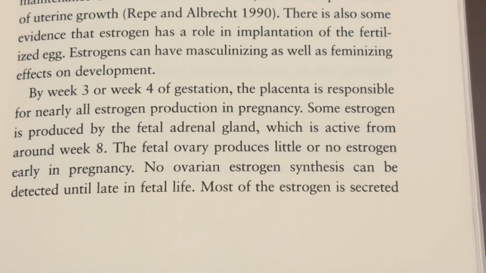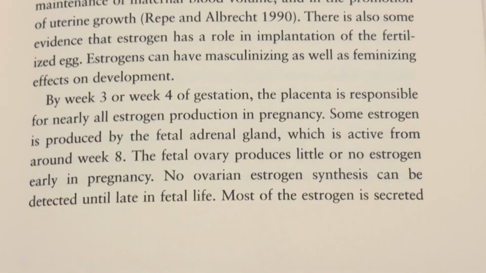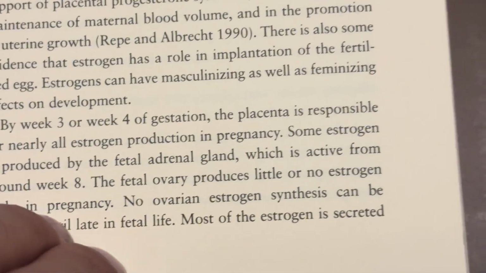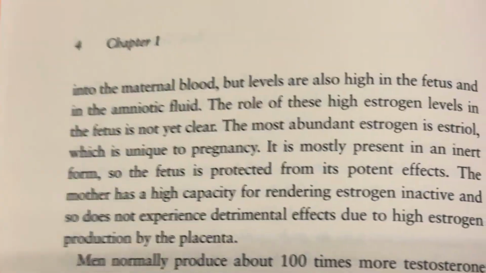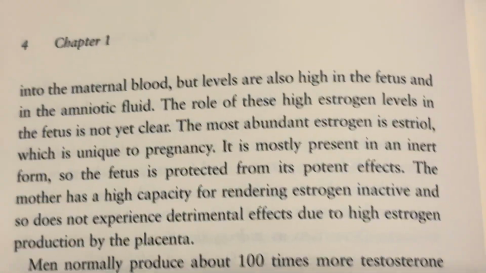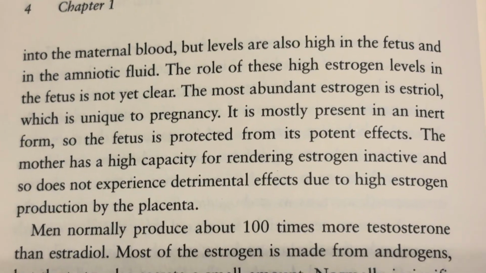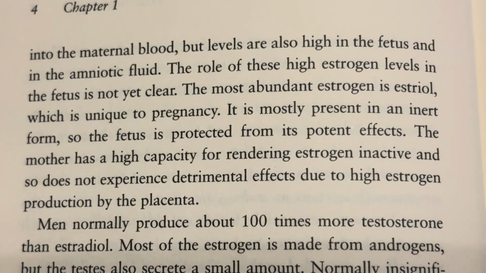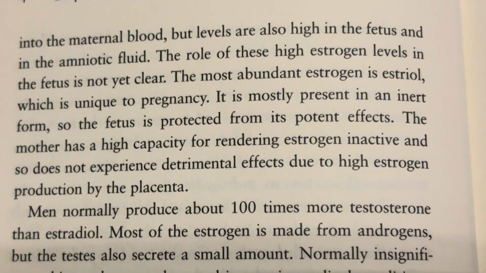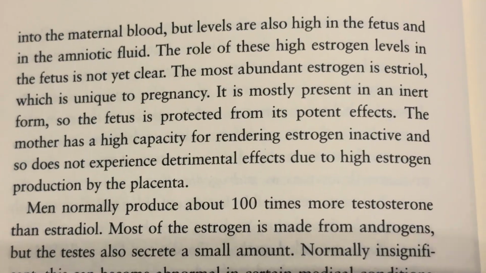No ovarian estrogen synthesis can be detected until late in fetal life. Most of the estrogen is secreted into the maternal blood, but levels are also high in the fetus and in the amniotic fluid. The role of these high estrogen levels in the fetus is not yet clear. That is, as of 2004.